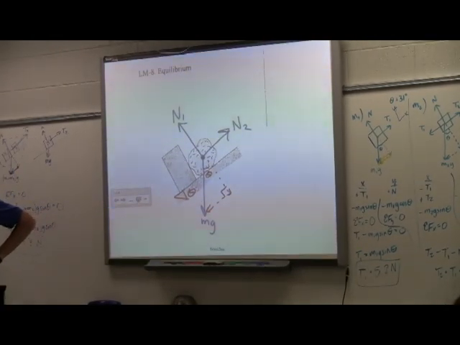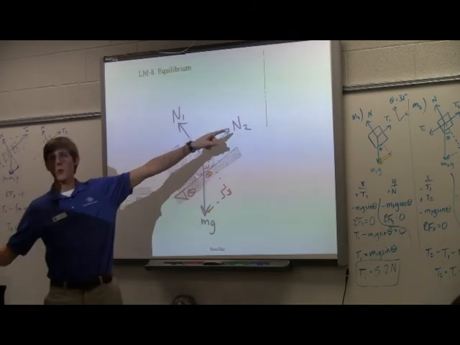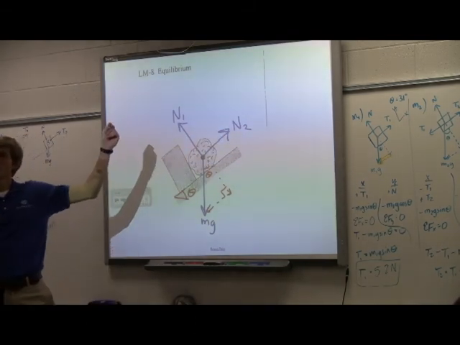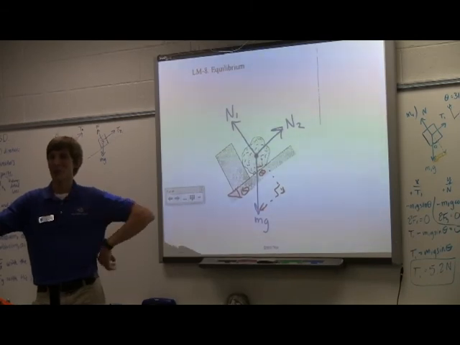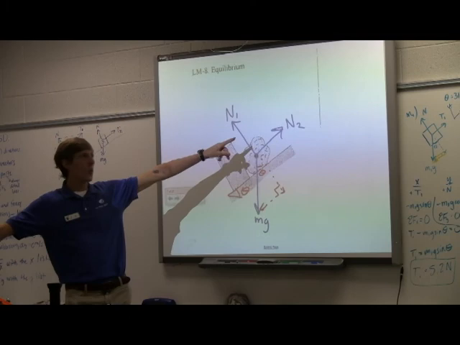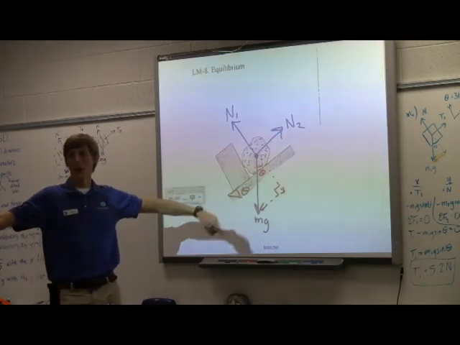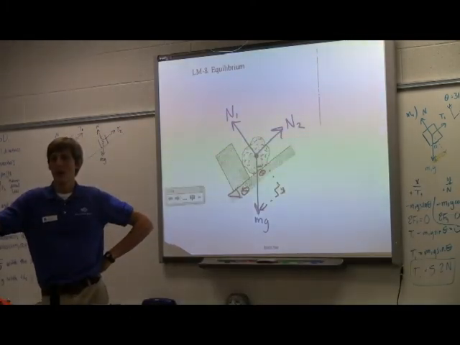How is it N1 and N2? So is the question, how is this a normal force, or is the question, how are they different? Both. Good. All right, we've got the questions. Mr. Cameron, you get to answer one of them. Why are they different, or why is this a normal force pointing parallel to the surface?